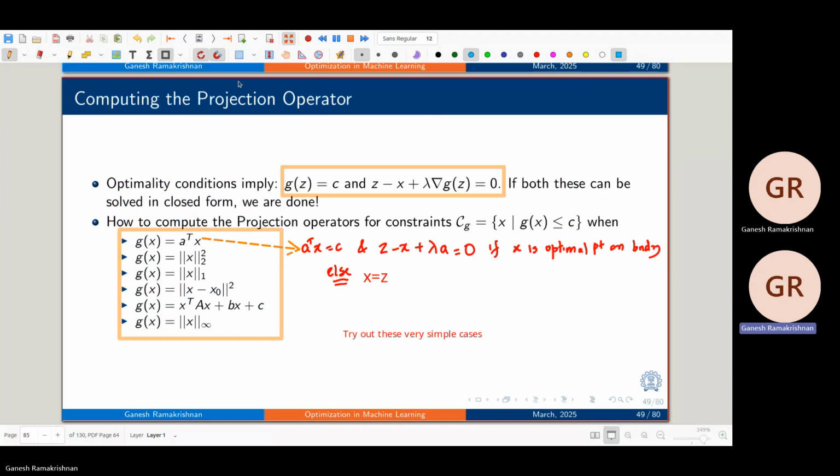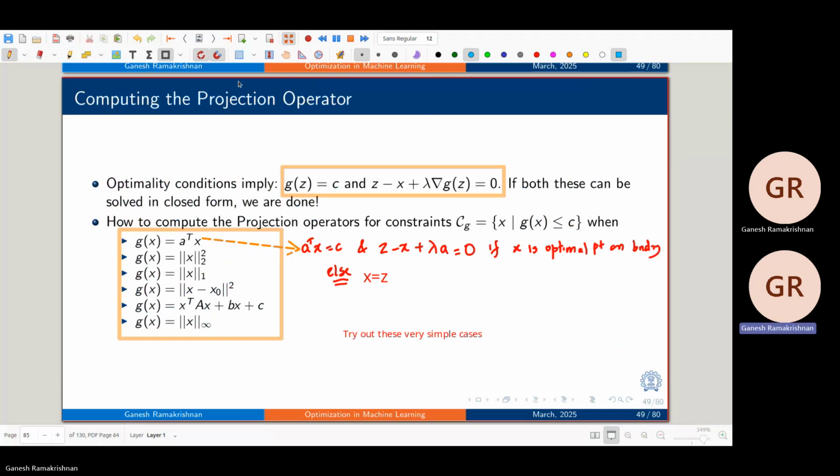So if you take the first example, g(x) is A transpose x. Then what will you get just by applying this rule as it is? g(z) is C. It is A transpose z is C. And z minus x plus lambda A is equal to 0, if x is the optimal point on the boundary. So what will that mean?